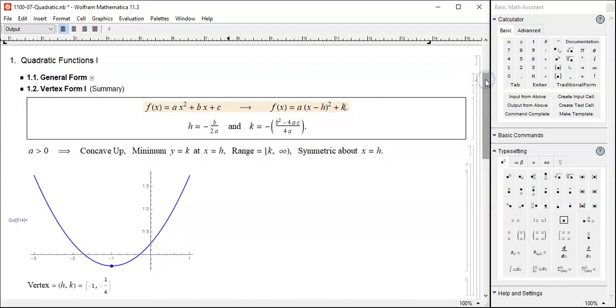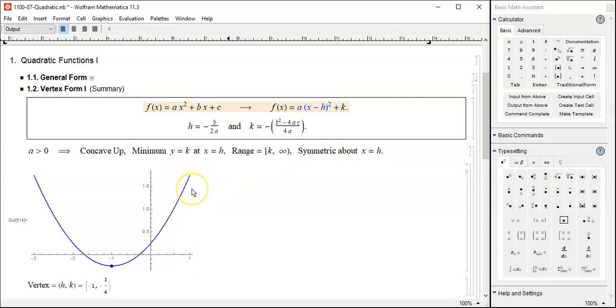Okay, ready? Let's make this observation. When x is humongously positive or humongously negative, (x minus h) squared is always humongously positive because we took the square. And a is also positive, so a times the square is always positive. As I move to the right or to the left, it goes up either way.